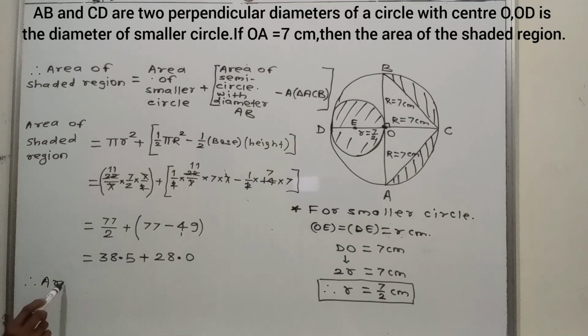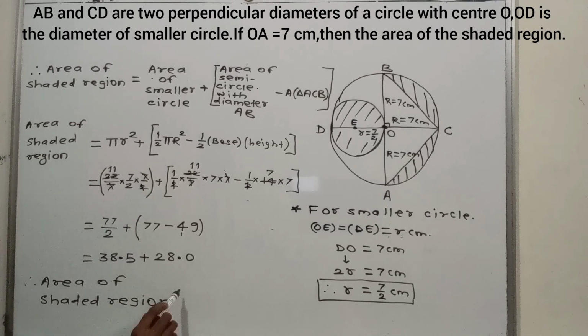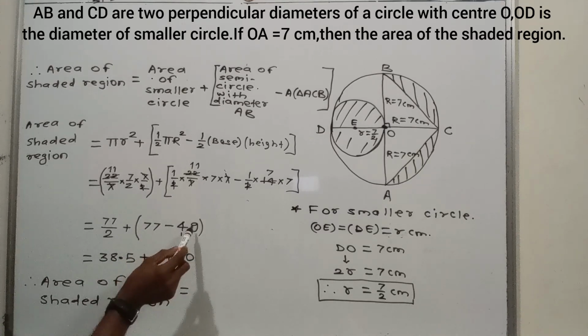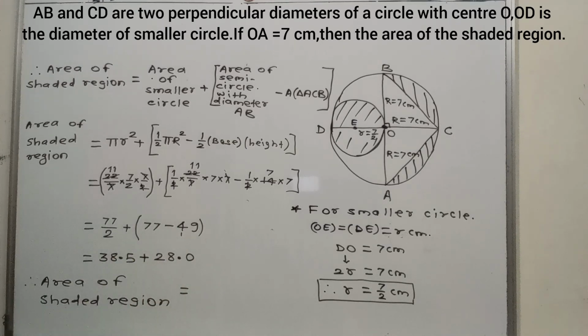Therefore, the area of the shaded region is equal to the addition of these two.